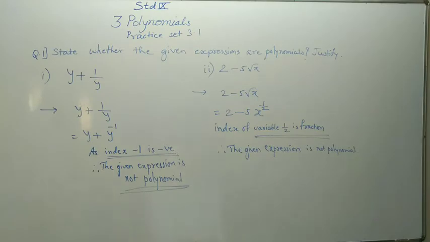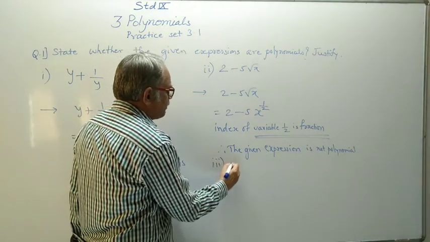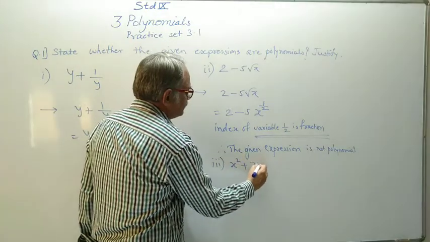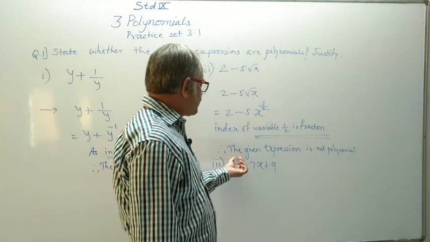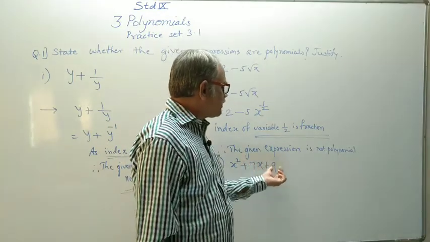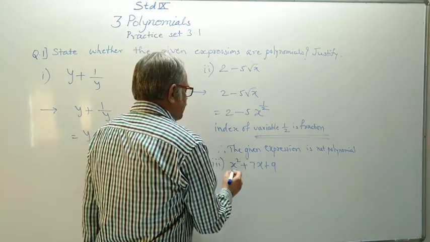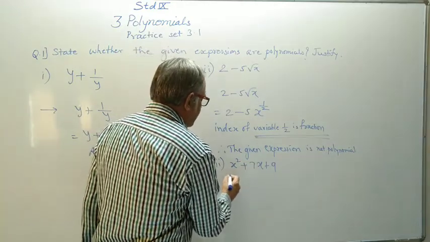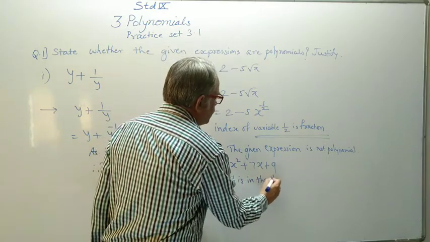The third, x square plus 7x plus 9. In this we can find it is in the form a2 x square plus a1 x plus a0. All indices are positive. Then we have to write it is in the standard form of polynomial.